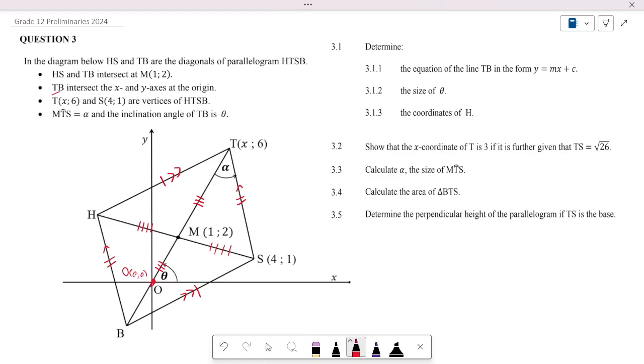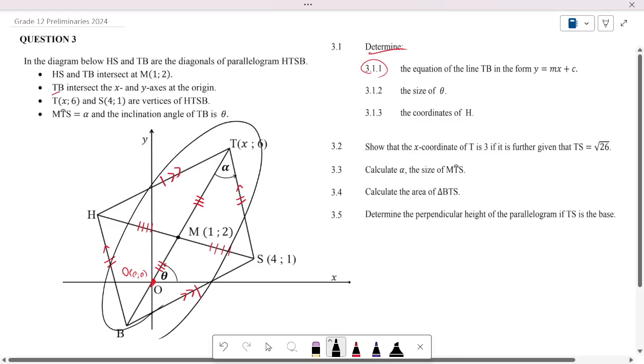Okay, now, where do we start here? Because we put down our properties of a parallelogram, what we need to do is now we can actually answer the questions, right? So we need to determine, for 3.1.1, the equation of line TB, which is this line over here, in the form of y equals mx plus c.